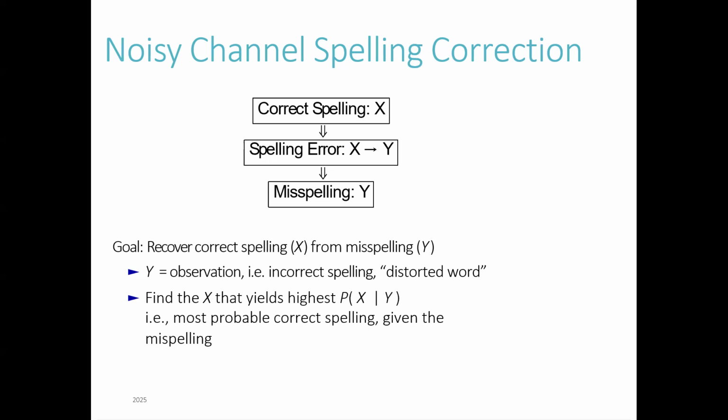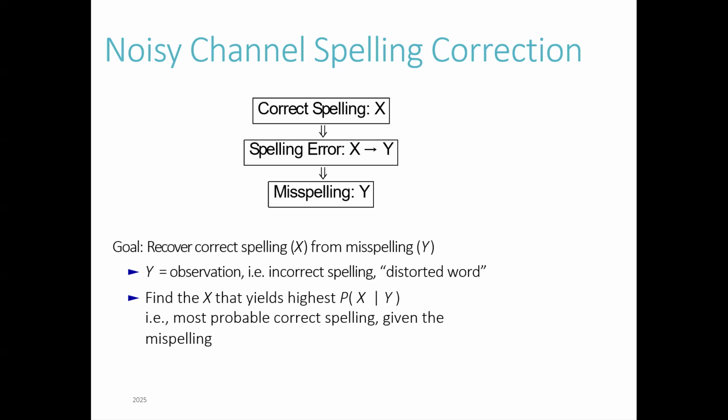In other words, if we go through all the possible correct spellings and we calculate the probability of somebody making an error that would get them from the correct spelling X to this misspelling, that's our noisy channel, what is the most probable spelling error?